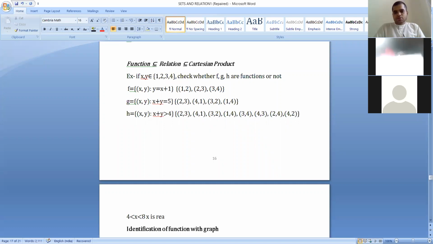So if you have to write it in intervals, it will be written in this way. You see, x is greater than 4 but it is not equal to 4, and x is less than 8 but not equal to 8. So it is written in this way.